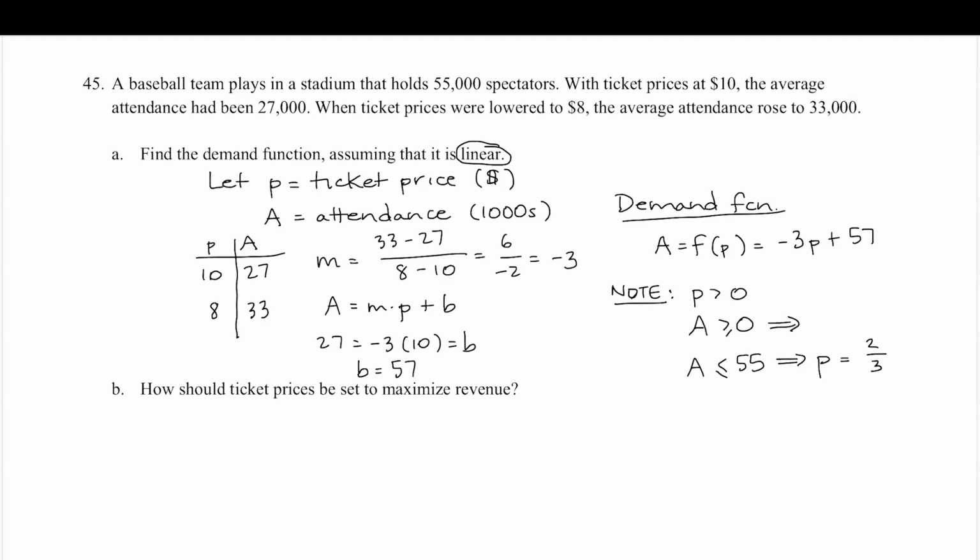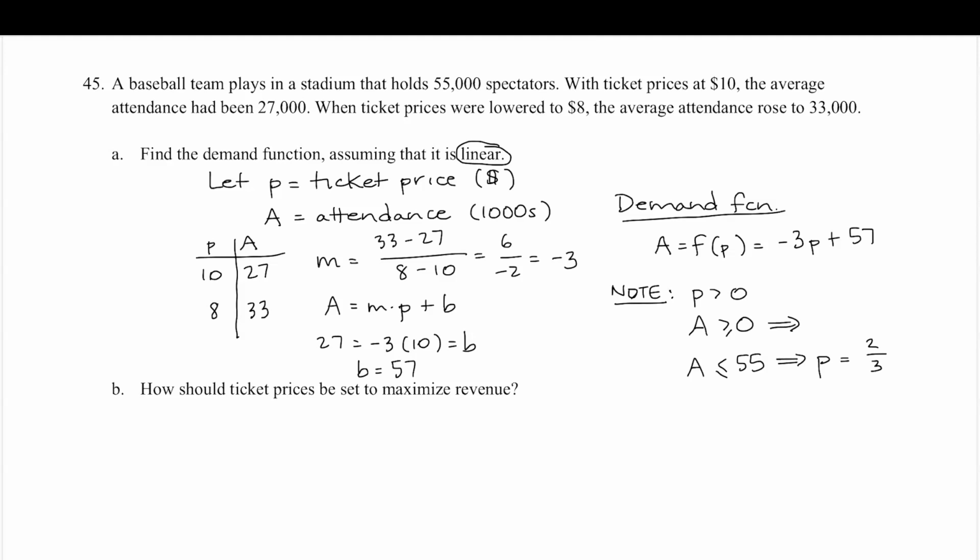In other words, the more I lower my price, the more people show up. But according to this demand function, I will reach my maximum attendance of 55,000 at a ticket price of 2/3. So if you set your A value equal to 55 and solve for P, you'll get this 2/3. So if they charge 67 cents a ticket, they will fill the stadium to capacity.